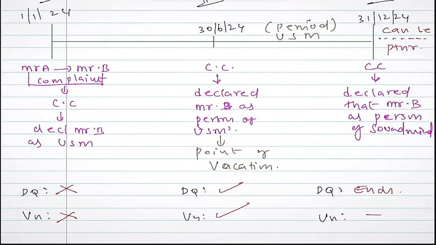Write down here. Everyone understood the interlinkage between both the sections. One section is talking about disqualification, another section is talking about the same ground covering vacation.